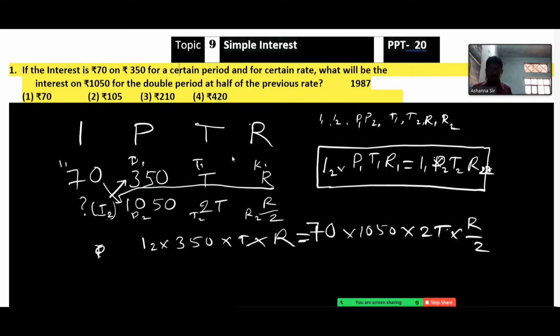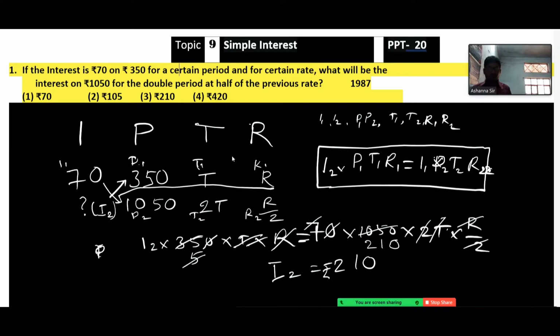So let us cancel. Zeros cancel, 7 1s are 7, 7 5s are 35, 5 1s are 5, 5 2s are 10. T and T cancel, R and R cancel, 2 cancels. So the answer: I2 is equal to 210 rupees.